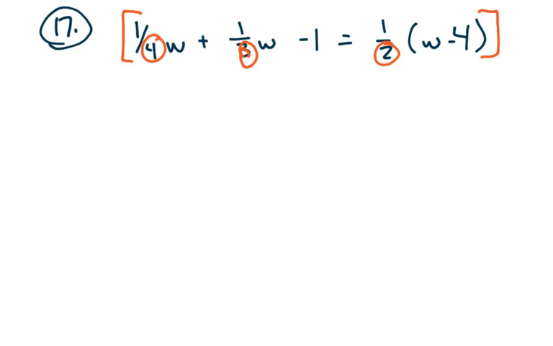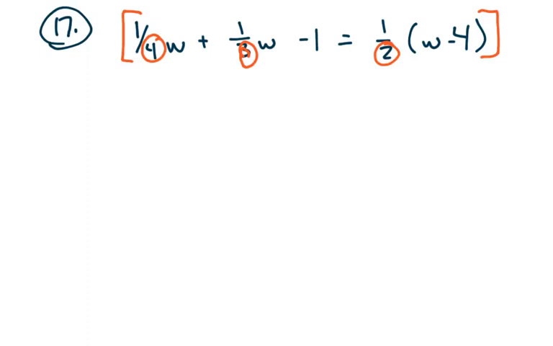Hopefully you said 4. And ask yourself, are all these numbers divisible by 4? Well, 4 is clearly divisible by 4. But 4 divided by 3 isn't going to work. So we'll take the next multiple of 4, which is 8, and see if it works. Well, 8 divided by 4 is, of course, going to work, but 8 divided by 3 is not.